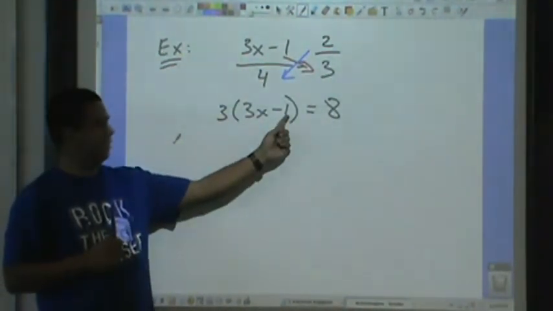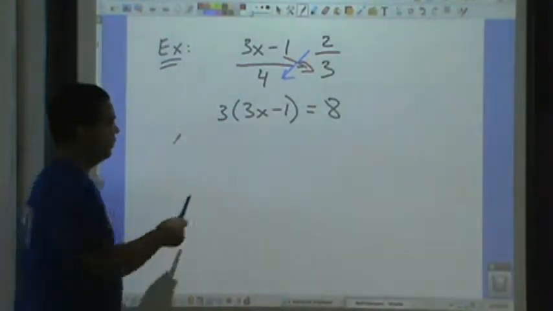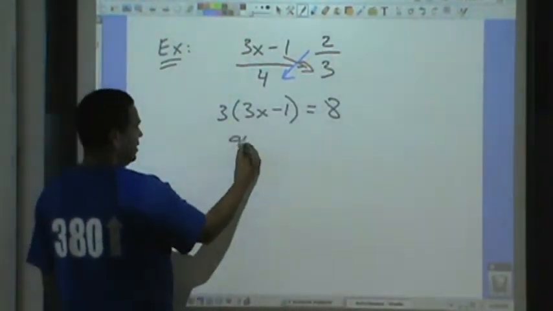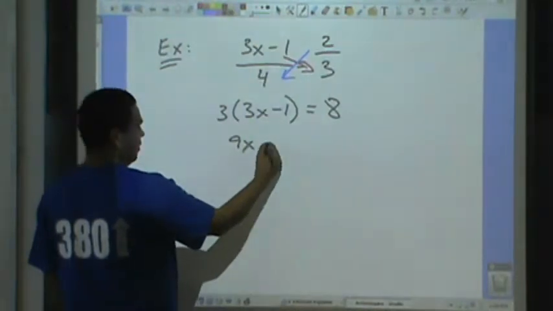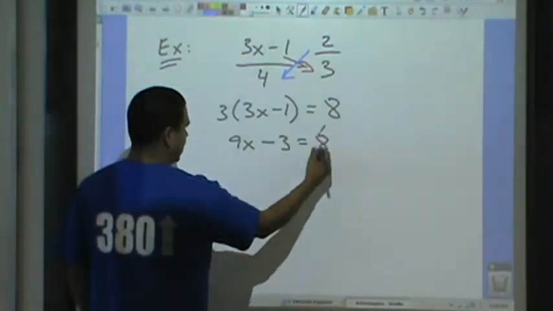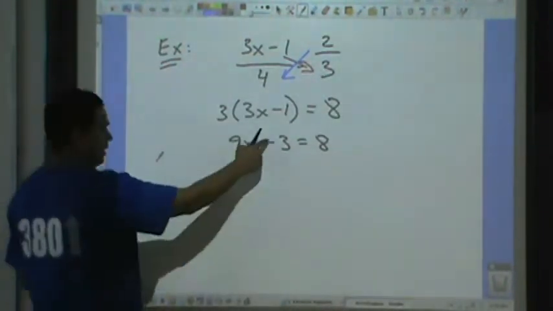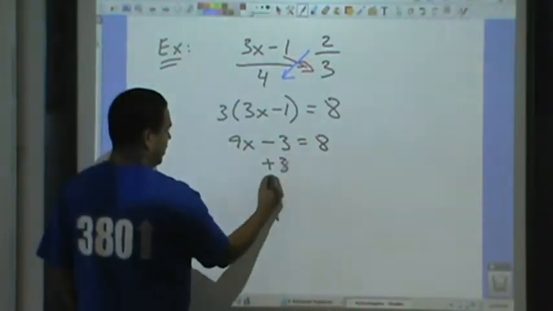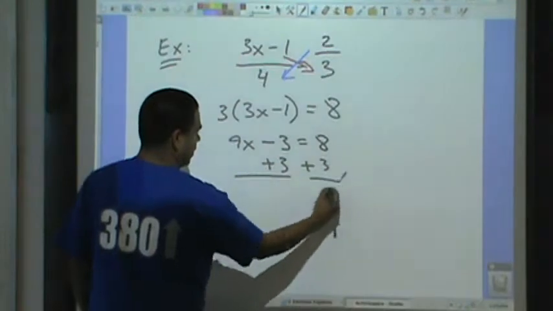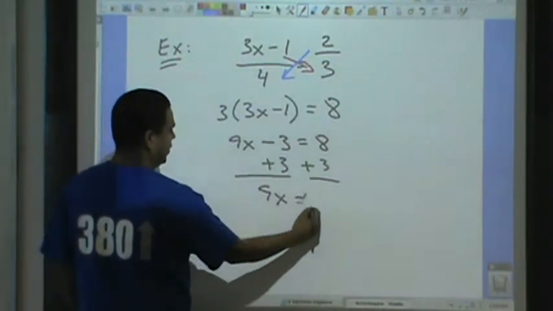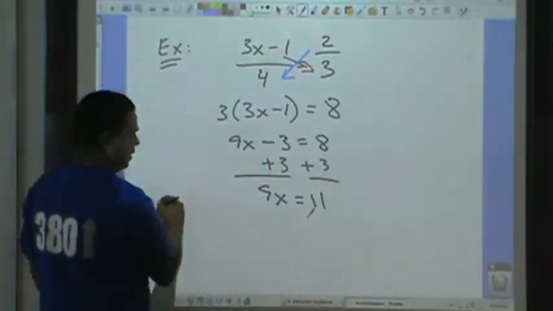So 3 times 3, 9x, minus the 3, equals 8. Now from there, add 3 to the 8. Inverse, so we add the 3. So 9x equals 11.